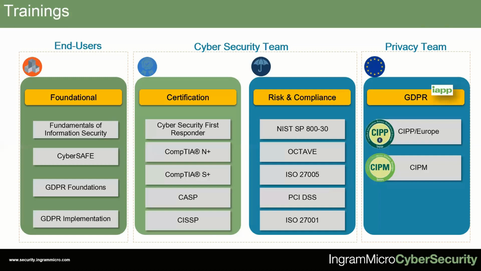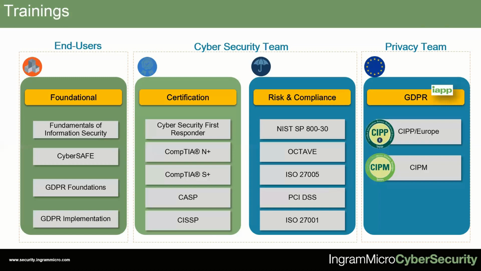And some certifications that we are certified to train as well: CompTIA, CASP, and the gold standard of cybersecurity, which is CISSP. For risk and compliance as well, we do trainings around ISO 27K, NIST. This is for the UAE only, I'm assuming.